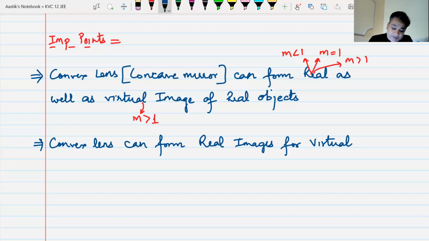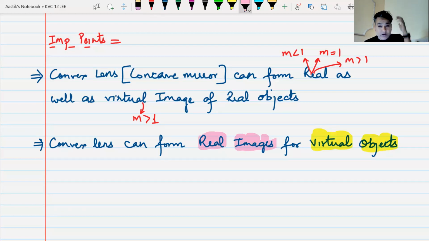For virtual objects, my dear friend, and we will get to those cases when we solve questions, it can only form real images. Same is true for concave mirrors. Do we understand this?